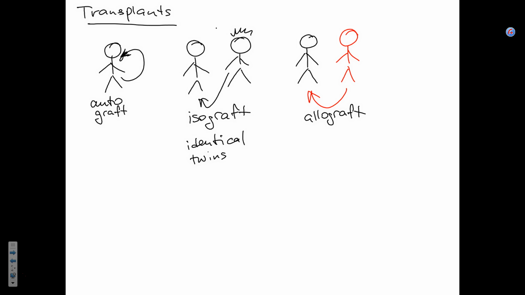It doesn't matter if your donor is your relative, or your donor is a completely different person that you have no relation to. It's still considered to be an allograft. Examples are so numerous that pretty much every transplant is an allograft. Does that make sense?